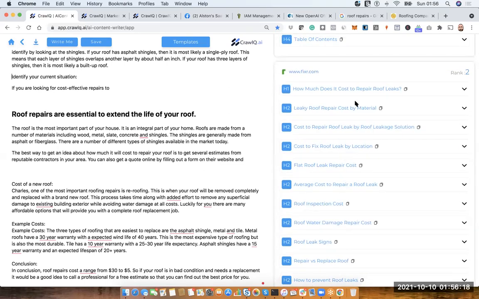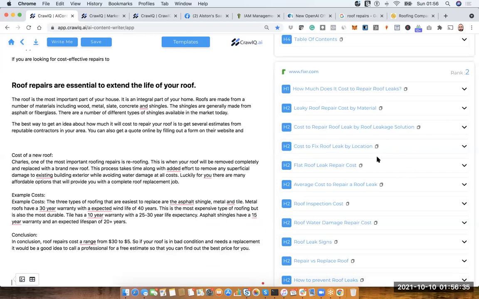So for example, this one: how much does it cost to repair roof leaks? Leaky roof repairs cost by material, and so on. Yes, this particular article is talking about roof leak repair cost. Suppose, as a writer, you find it correlates quite well with what you want to achieve.